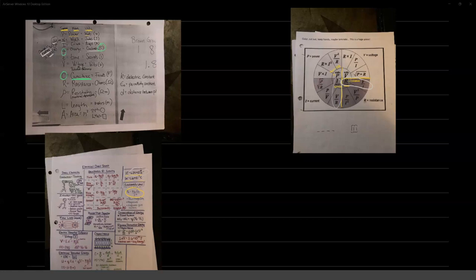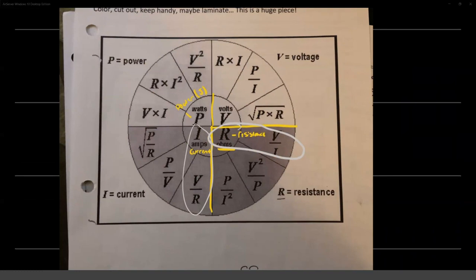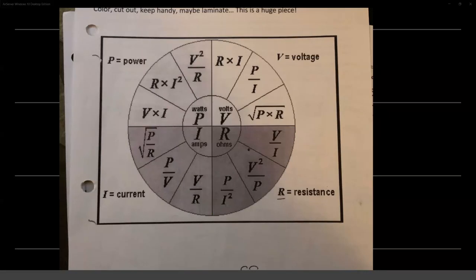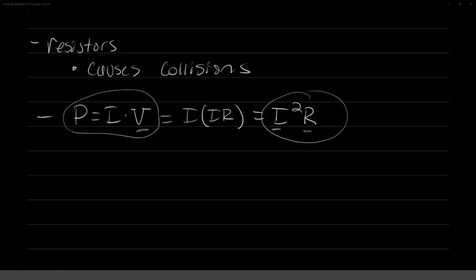Maybe take them out of your binder and put them in front of you, especially this one, because that's the best thing. So then we can get into the last competencies.